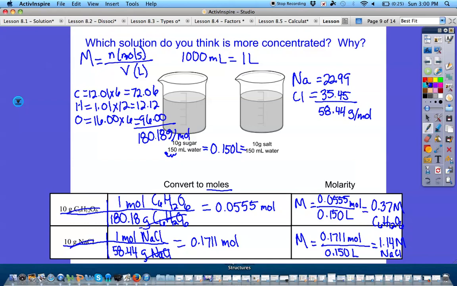So our sodium chloride solution is more concentrated, since this is 1.14 molar and this is 0.37 molar. It all has to do with the molar mass, though, and determining, since we have the same amount of solute and the same amount of solution.